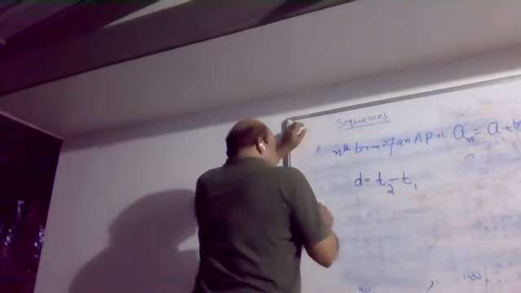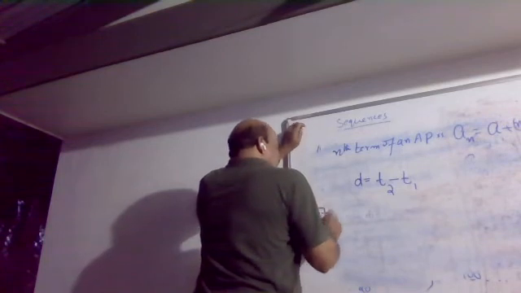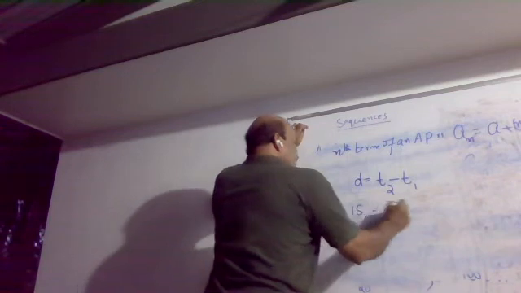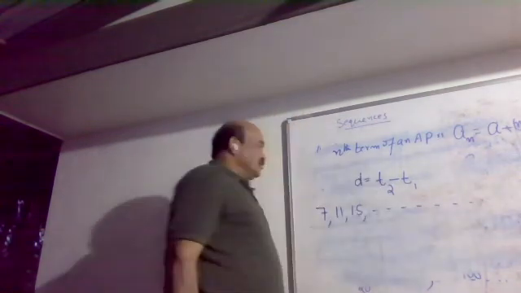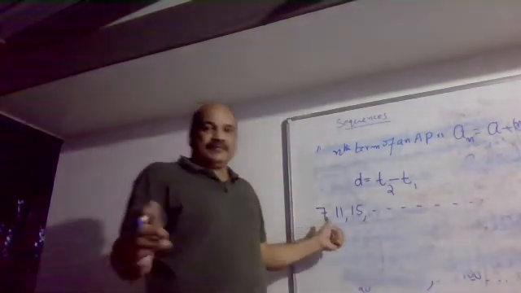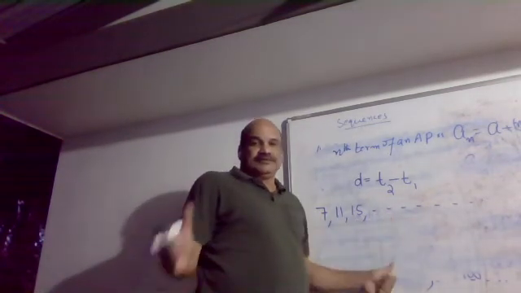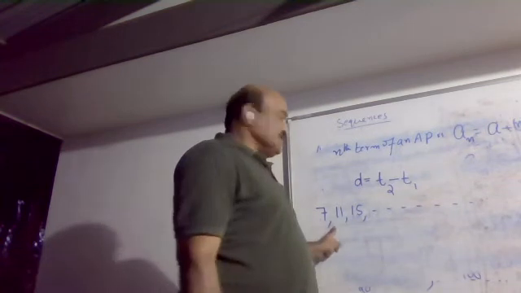Then I'm writing a sequence here: 7, then 11, 15, etc. So what do you call this sequence? Yes, it is an arithmetic sequence. Why?